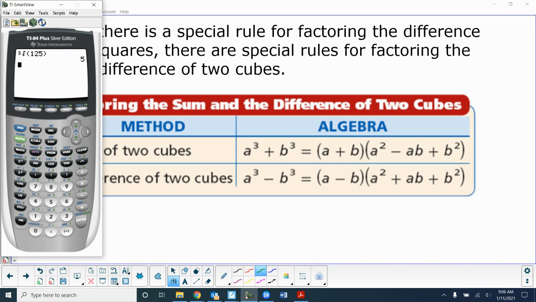So if you're not sure something's a perfect cube or not, hit math, number 4, there's that cube root symbol. Or you could go to the 1/3 power for cube root, but you got to put it in parentheses. All right, cube root is the 1/3 power. Square root is the 1/2 power. Okay, if you can't remember where to find your cube root.